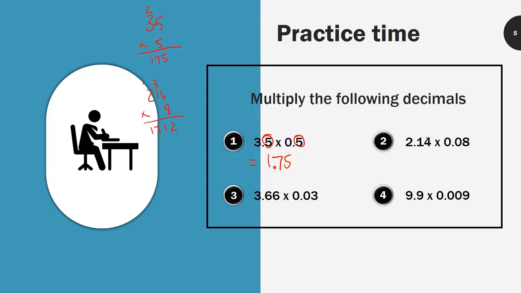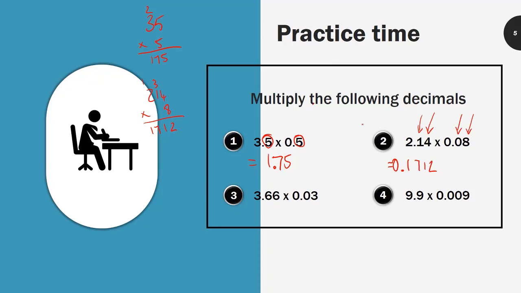So my answer there is 1,712, and now let's count the decimal places. So I've got 1, 2, 3, 4 decimal places. So that means that I'm going to have to put my decimal point right here, okay? And my answer will be 0.1712, okay?